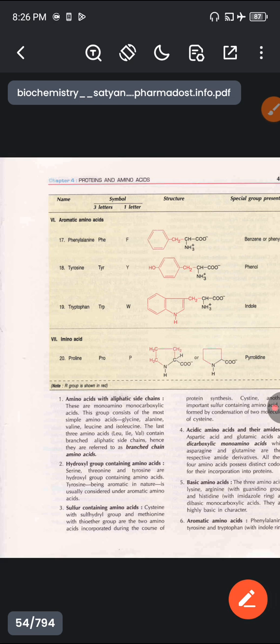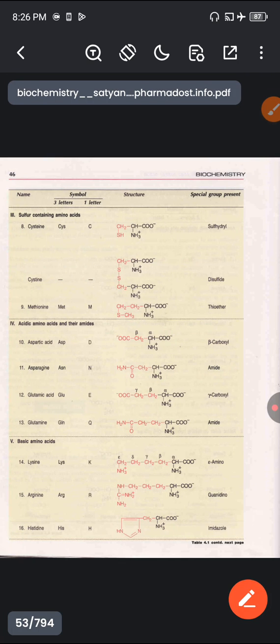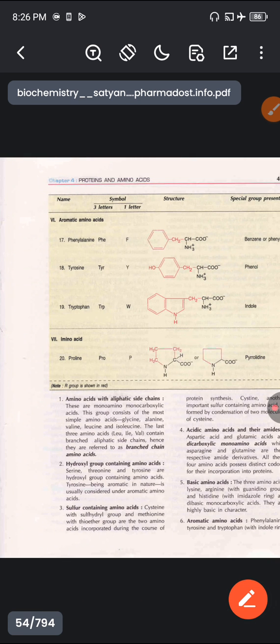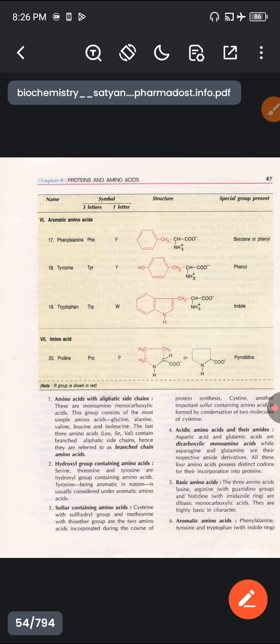It is tryptophan. Besides these, histidine may also be considered under this category, because histidine also has an aromatic ring, but for now we are considering histidine as a basic amino acid.